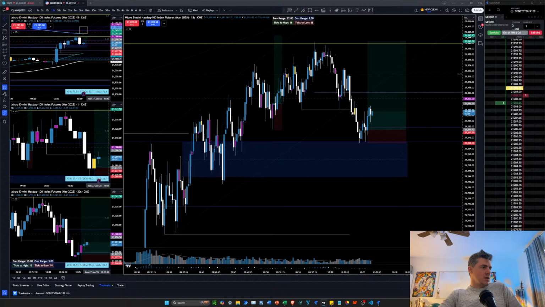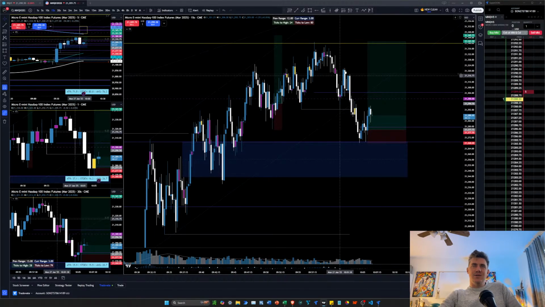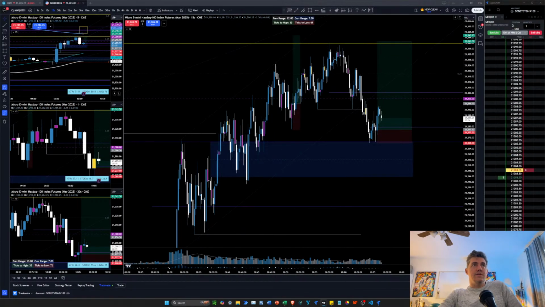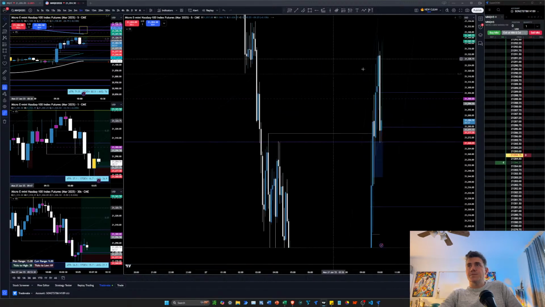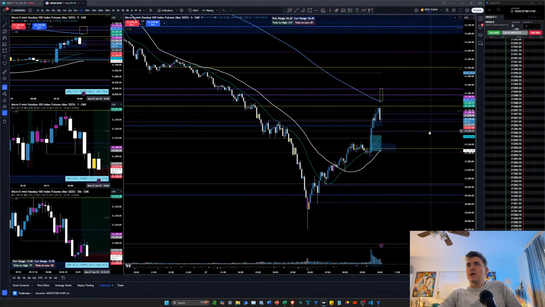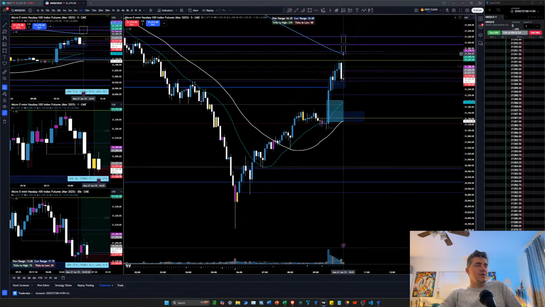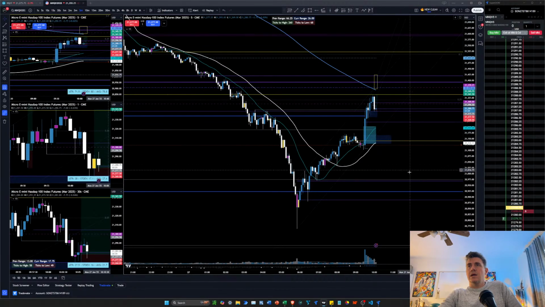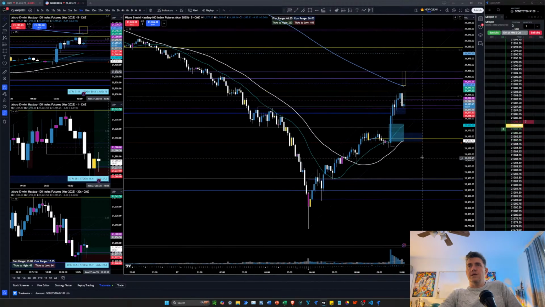Now, it almost looks like we got close enough to the 200 period on the 5 minute. So on the 5 minute chart, that almost looks like we did something with this moving average. But we really didn't, honestly.